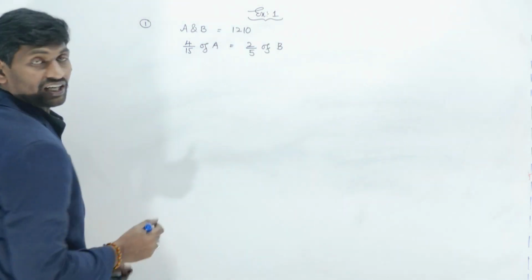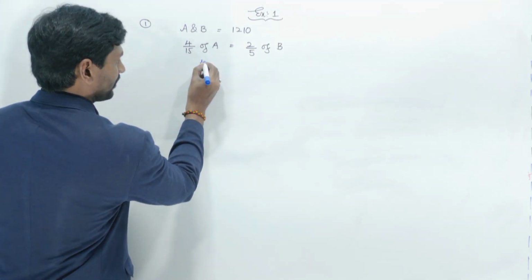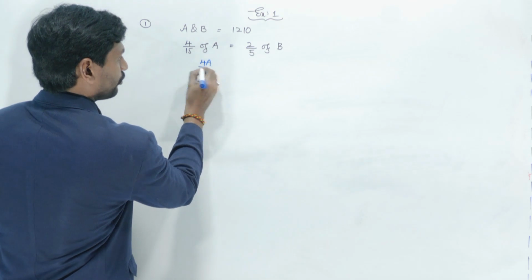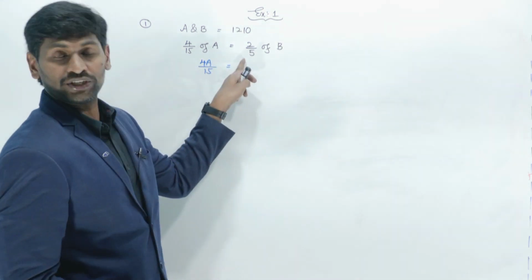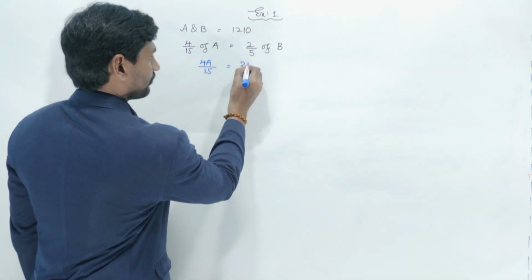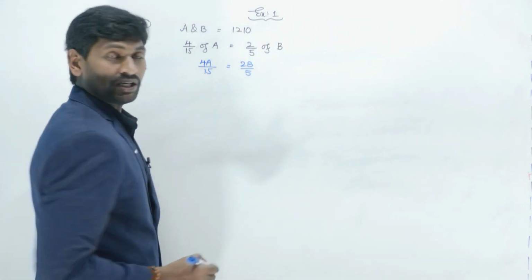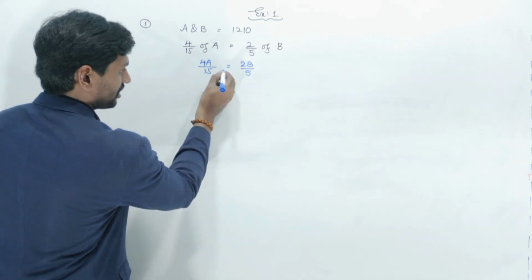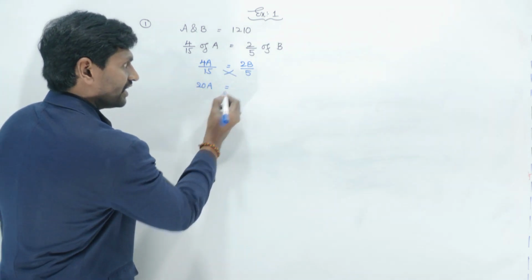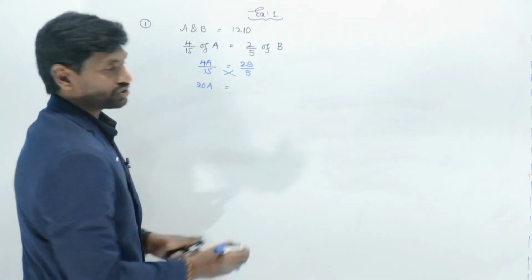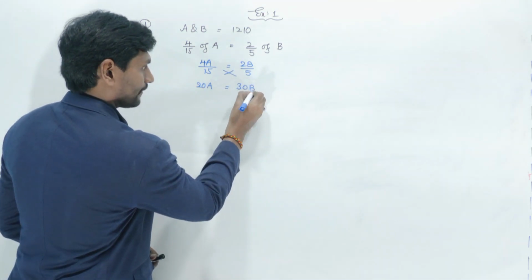From this given condition, I am writing "of" means multiplication, right? So 4A by 15 equals 2B by 5. Apply cross multiplication: 4 into 5, 20A equals 15 into 2, 30B.